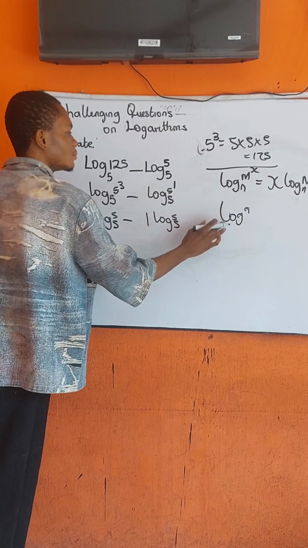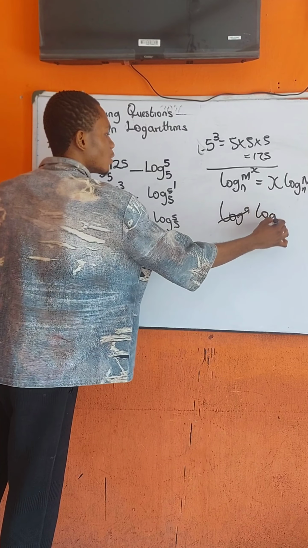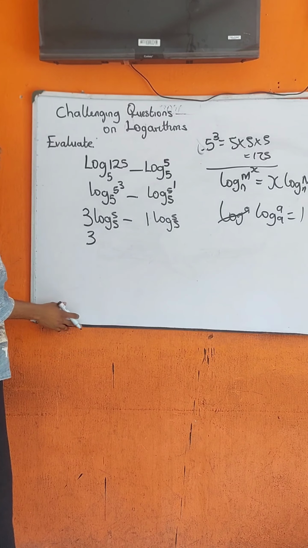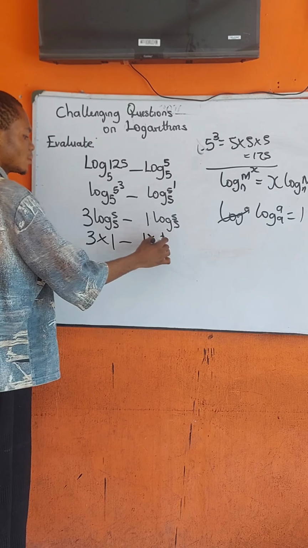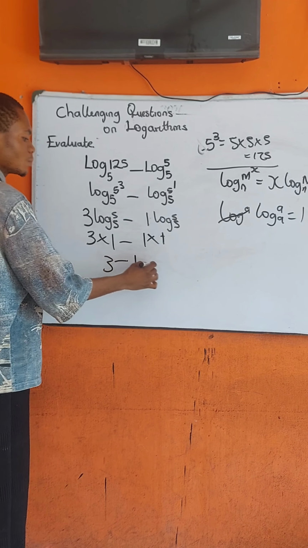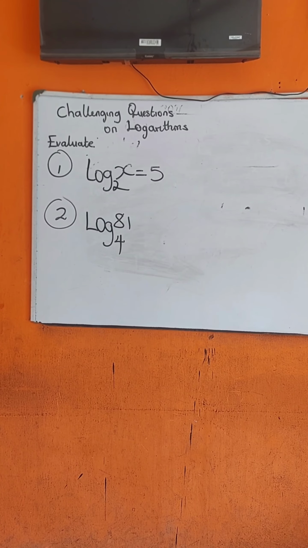Don't mind me, if you have log a base a, it is equal to 1, so watch out for that rule. We have 3 times 1 minus 1 times 1, which is 3 minus 1, which gives me 2. So my answer is 2.